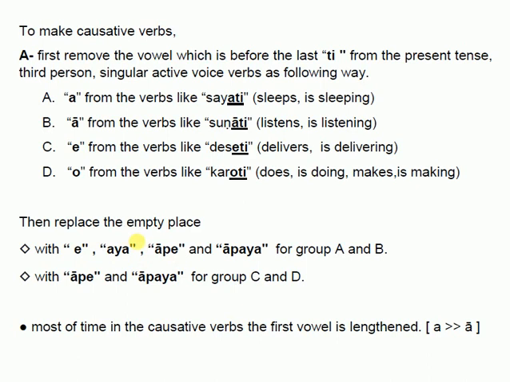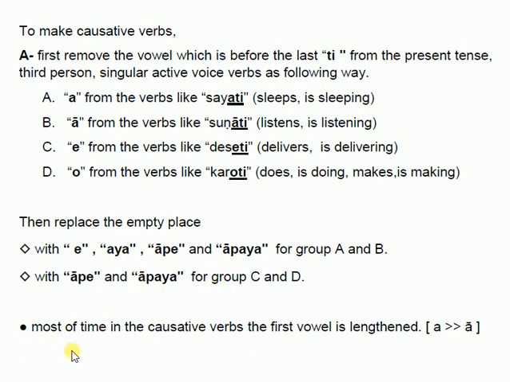For groups C and D, we only use the ape and apaya pair for the replacement of E and O for these C and D type verbs, right?